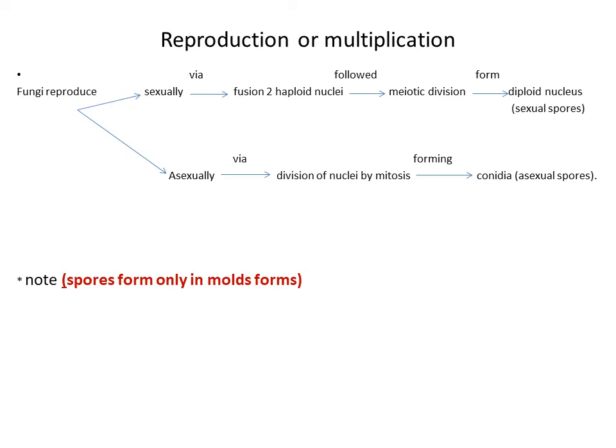In general, sexual reproduction occurs by the fusion of two haploid nuclei, karyogamy, as you see in this diagram, then followed by meiotic division of the diploid nucleus, forming sexual spores, while asexual reproduction, as you see, results from division of nuclei by mitosis, forming conidia, which are asexual spores.